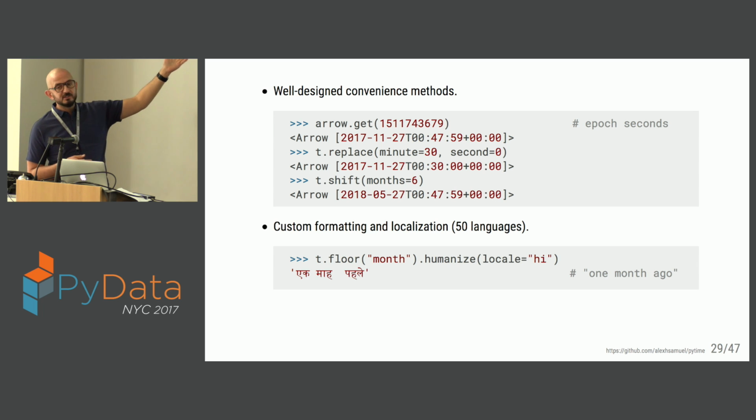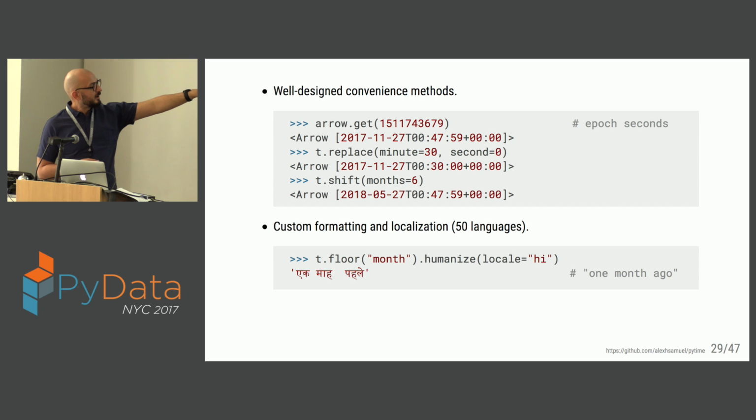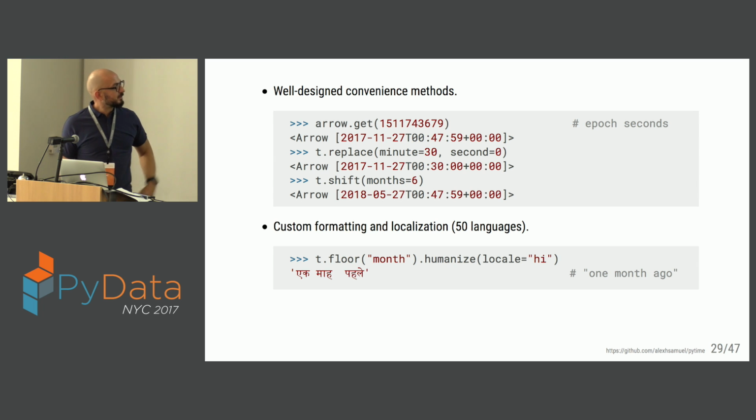It has methods, for instance, to replace components, to shift forward or backward, a month, a day, an hour, whatever you need. And it actually also has its own implementation of customized datetime formatting in about 50 languages. This is 1 month ago in Hindi, so tells me Google Translate. I don't actually read Hindi. But you can get that Humanize thing for humans who don't speak English, which is kind of nice.